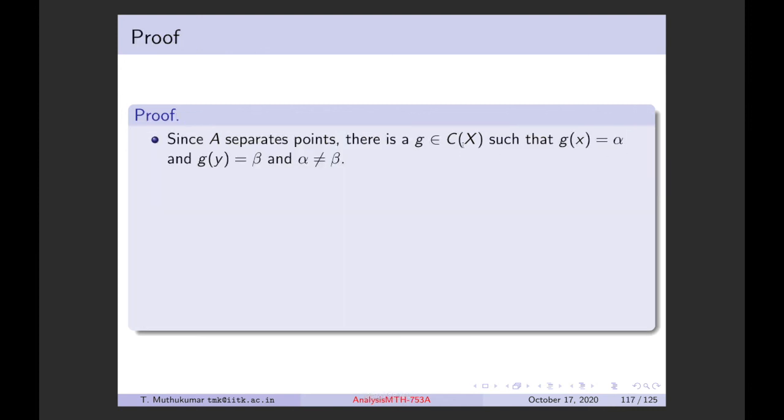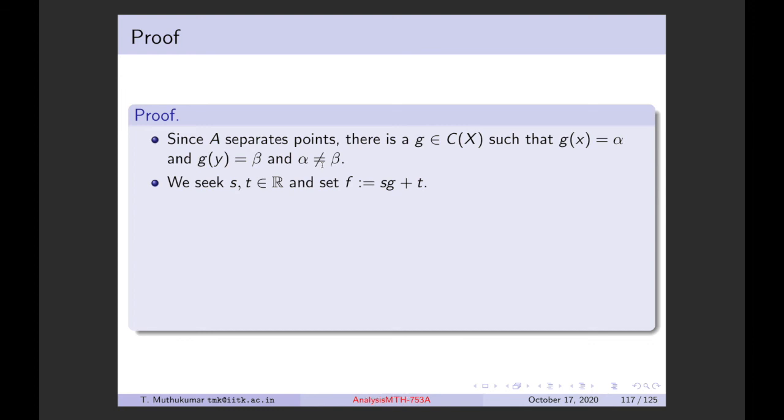So there is a function g such that g(x) is equal to alpha and g(y) is equal to beta, where alpha is not equal to beta. Basically, g(x) is not equal to g(y), and we are just calling them alpha and beta. They are not the same number. That's what separating points means.